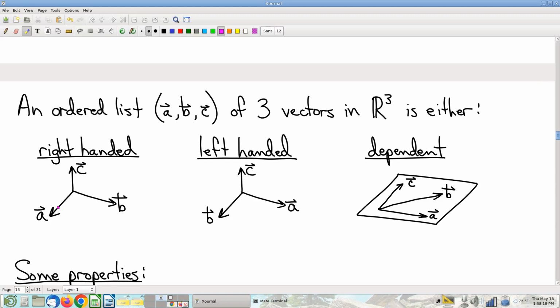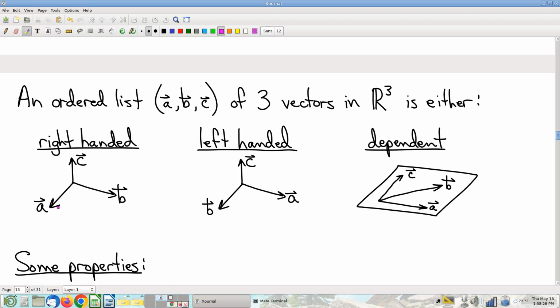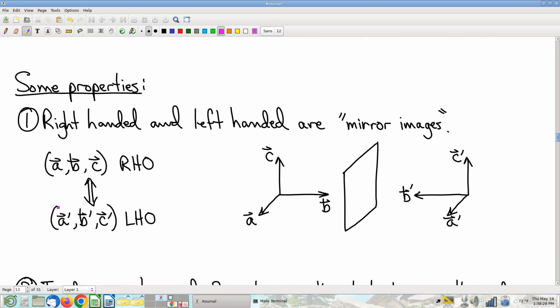Okay, so the three-dimensional version of clockwise, counterclockwise: right-handed, left-handed. And here's a beautiful fact. It's got a lot of the same properties. Right hands and left hands are mirror images of each other, right? I don't know if you ever thought about that. But right hands and left hands are always mirror images of each other.